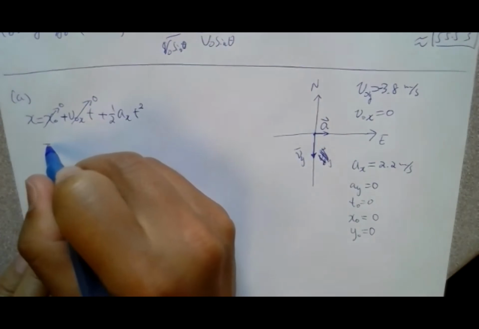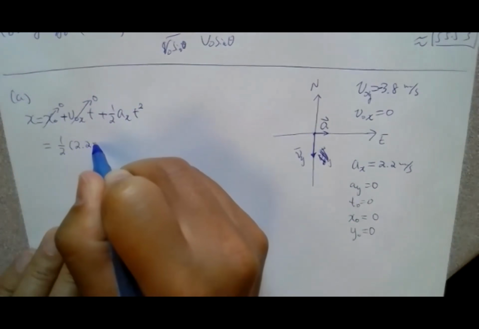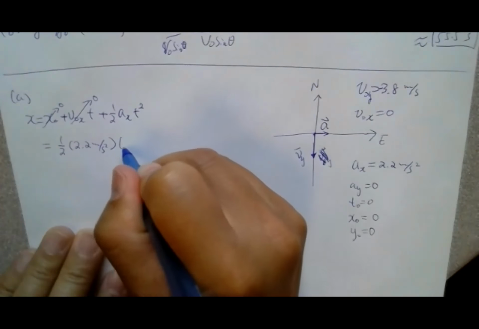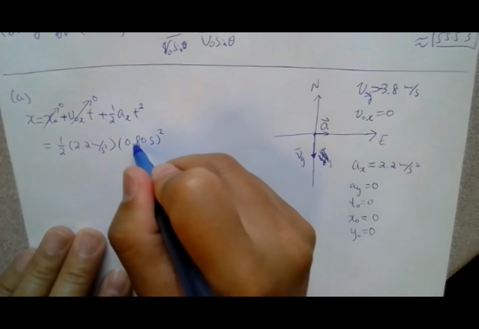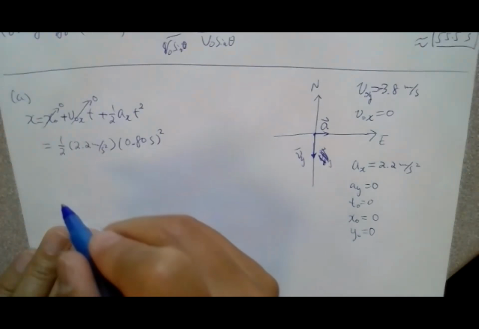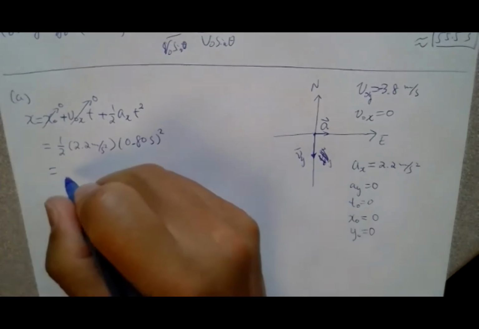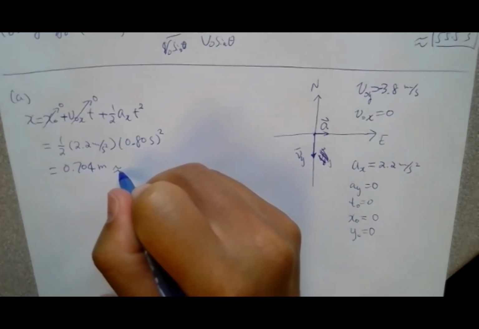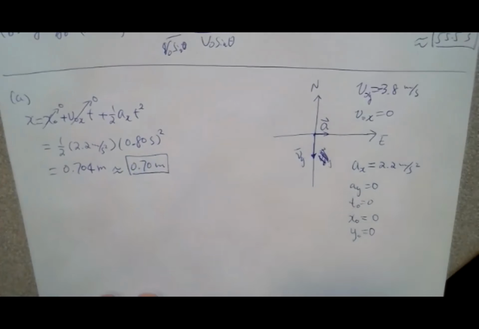So your X is simply equal to 1/2 AX, the 2.2 meters per second squared, times 0.80 second squared. Then you plug those numbers into your calculator, and it will show you this is 0.704 meters, or if you keep 2 digits, 0.70 meters.